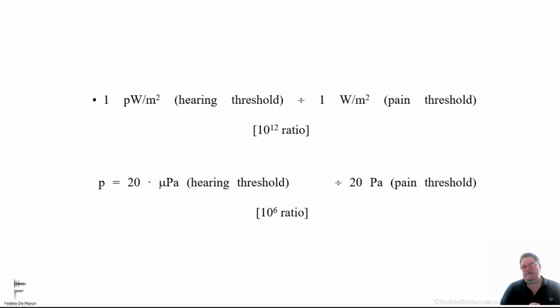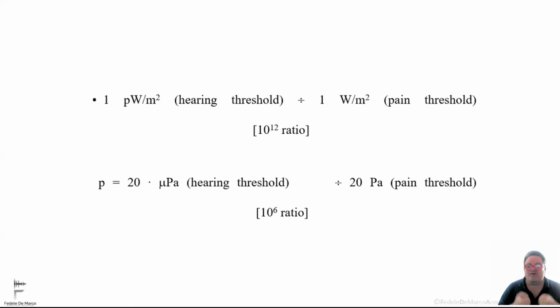The physical quantities related to sound amplitude have a huge dynamic range between the hearing threshold and the pain threshold. The hearing threshold for pressure is 20 micropascal. The pain threshold is 20 pascal. A lot of range of variation. Human perception in reality compresses such wide dynamic ranges into a much less variable perception.